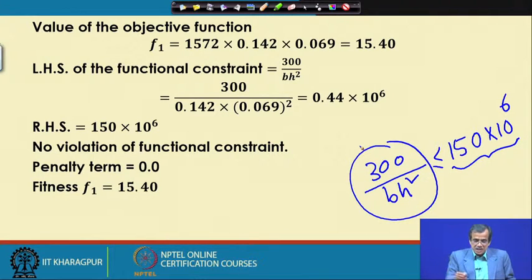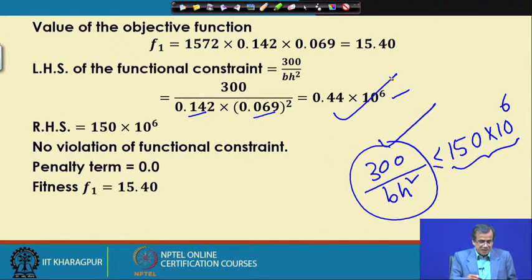Now, if I substitute, the left hand side of this functional constraint, that is 300 divided by B H square, with B as 0.142 and H as 0.069 squared, I will be getting 0.44 into 10 raised to the power 6. So, this is the developed stress, and the allowable stress is 150 multiplied by 10 raised to the power 6.